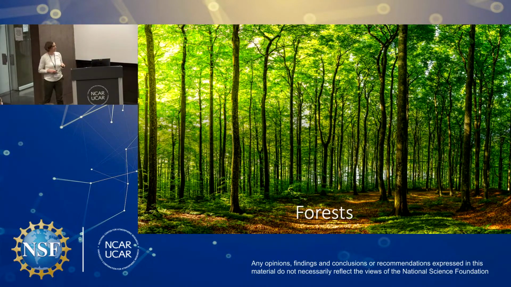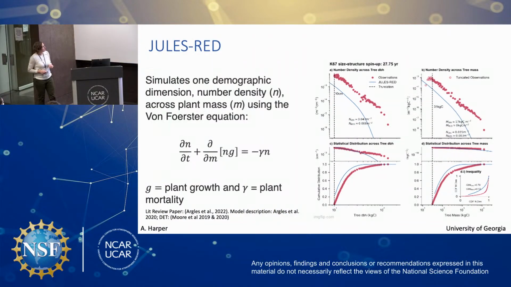Speaking of forests, on to forests. On the forest side of things, Arthur Argles, along with John Moore and Peter Cox, have been working on a demography model called the reduced ecosystem demography model, RED.